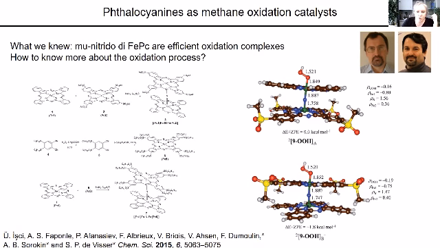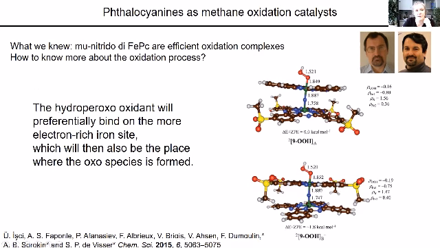And what we could show with some calculation, actually not some calculation, with a lot of calculation, is that the hydroperoxo oxidant was preferentially binding on the more electron-rich iron side, so the non-substituted one. And this is also the place where the oxo species is formed. So this was getting an insight into the mechanism of it.